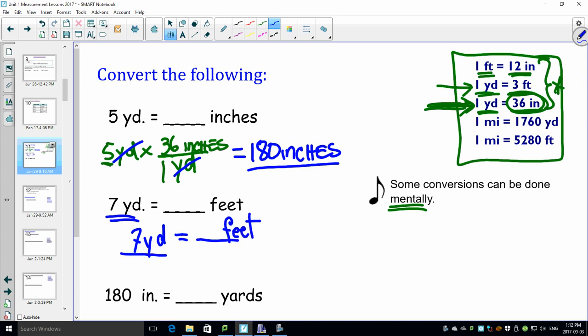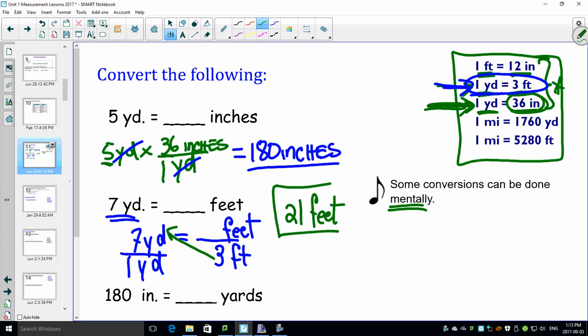I know that 1 yard is 3 feet. Then I cross multiply. Look at that, 7 times 3, which is 21 feet. There's my cross multiplication. Very simple. And again, that's probably something you can do in your head because each one of these is 3 feet, 7 times 3, pretty simple.